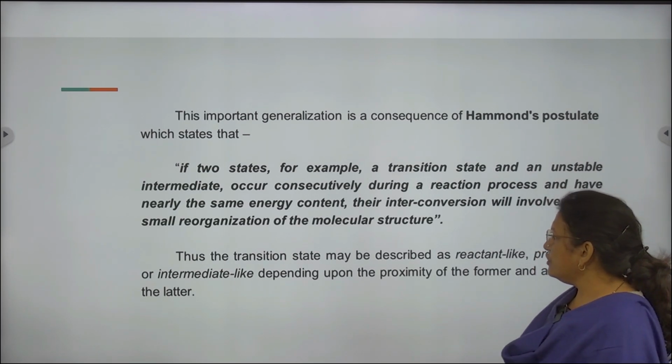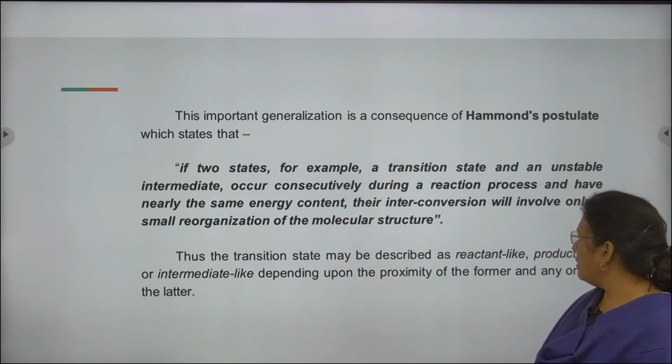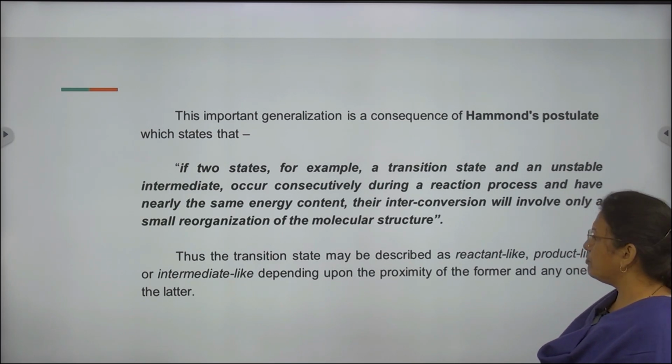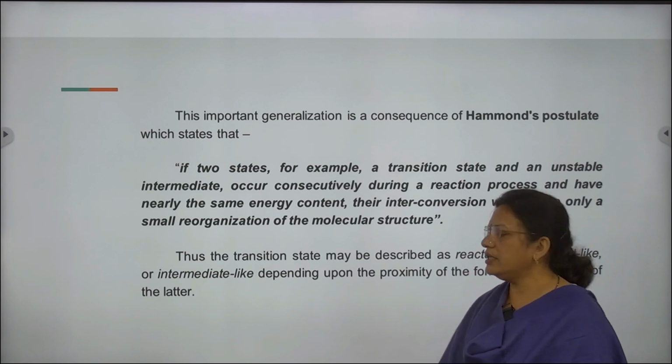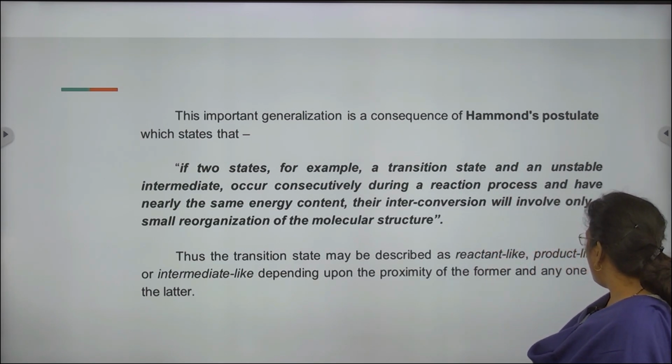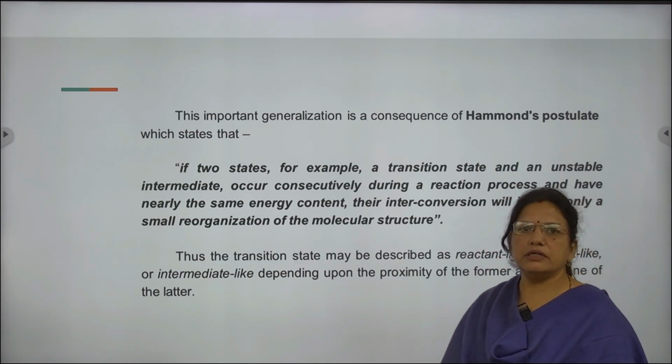Thus, the transition state may be described as reactant-like, product-like, or intermediate-like, depending upon the proximity of the former to any one of the latter.